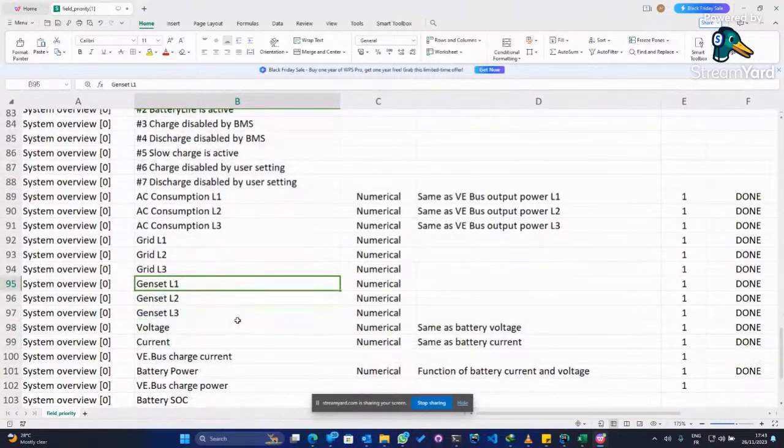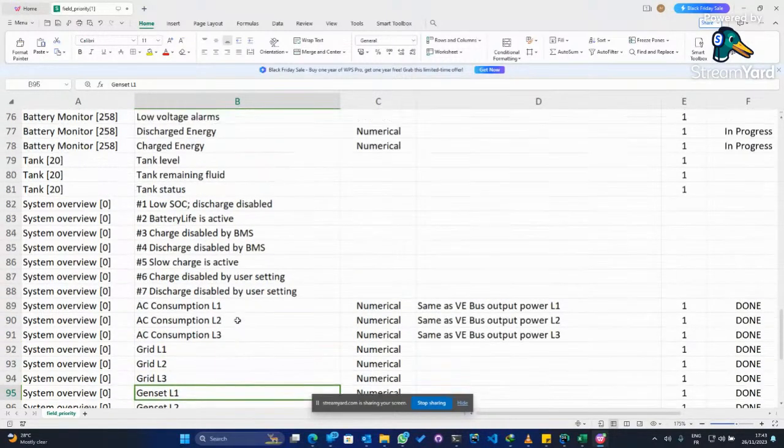So these logs are very, very tricky. That is why I advise to mainly focus on the genset, the grid, the tank, and the battery.